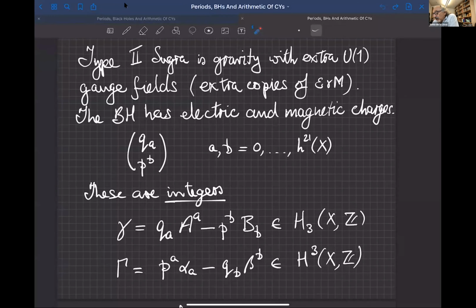Or, if you like, you define the dual object in cohomology, uppercase gamma, P^A alpha_A minus Q_A beta^A, and that lives in what you would call the integral cohomology of the manifold.